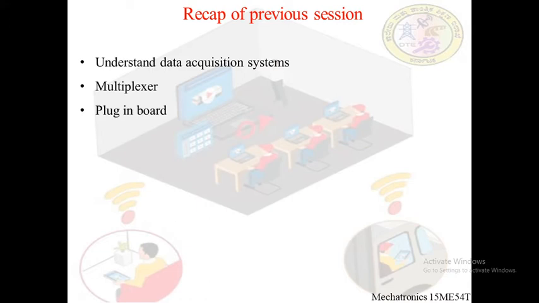We also understood the multiplexer, which is nothing but a data selector. It selects the data from n number of input lines and gives only one to the output line. This acts as a data selector.